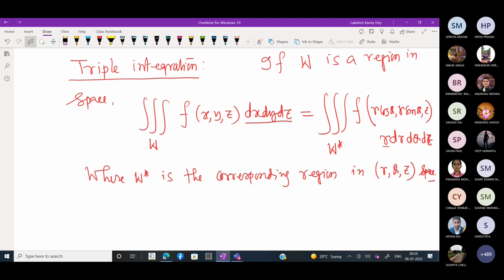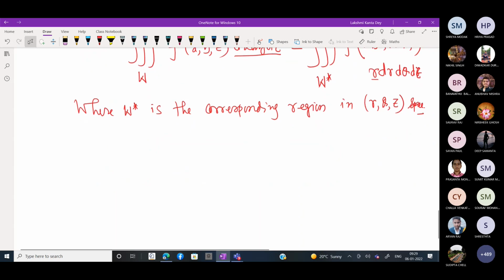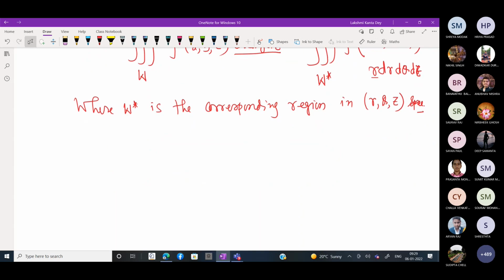Another thing is the region of integration, it has to be some cylindrical region. In those cases, we are in a position to evaluate the given triple integration using the cylindrical coordinate transformation. Okay, so I like to give 2 examples at least today.